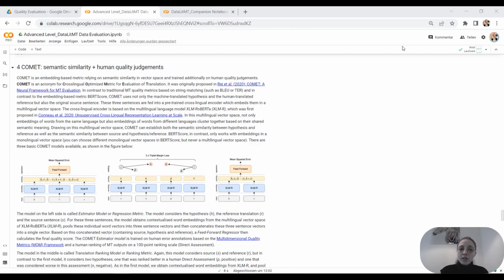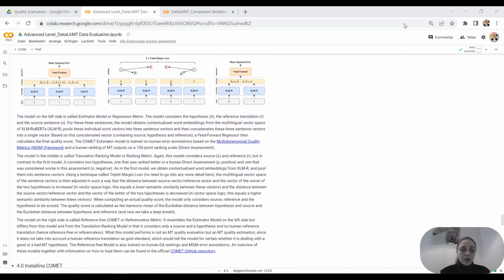But here also different languages can cluster together if the words have the same meanings. And this means that we can also use the source sentence. So for example, if we have the source sentence that is German, but then we have the hypothesis and the reference that are English, COMET will understand if they have the same meaning because of this multilingual vector space. So we can have a look at this in a little more detail.